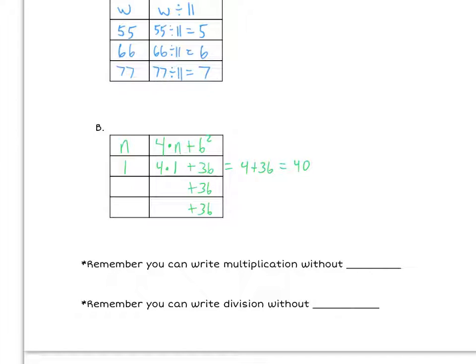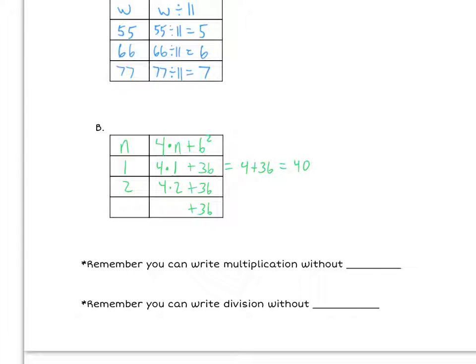So I heard Zach say I did it mentally. Do I still have to write it? Yeah, write it down for your notes so you have a record of it. Okay, I know we can do a lot of math mentally, but the more we write down, the more we'll remember for the future. Let's make N worth 2. So 4 times 2 plus 36.